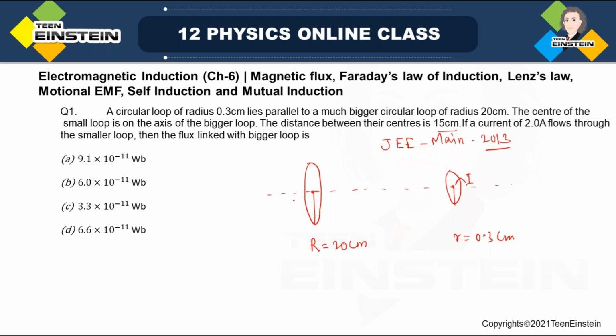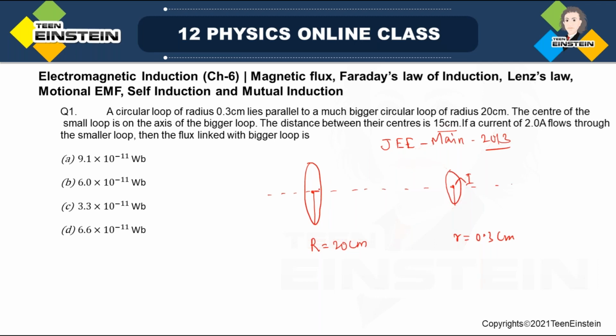Basically, this is a problem of mutual induction, and there were a series of experiments performed by Faraday and Henry. So this is one of the experiments. If the current changes over here, then flux will also be changing, and there will be induced EMF, etc. We have learned. So how to find out the flux linked?